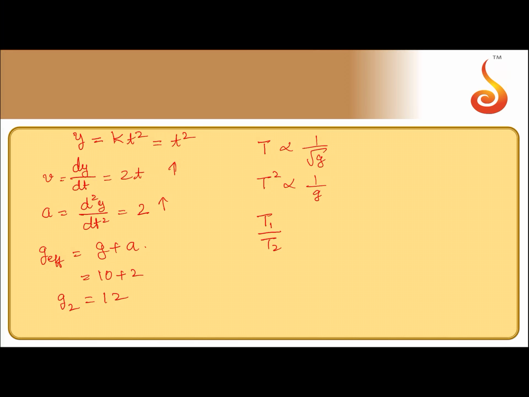So t1 square by t2 square should be equal to g2 divided by g1. So now it is 12, originally it was 10. So it will be giving you 6 by 5. So that is option B.